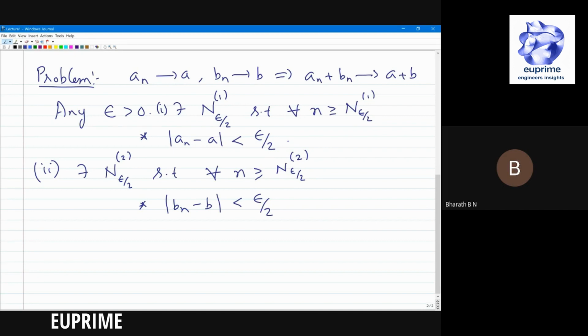Now, what is it that I have to prove? a_n plus b_n, which is a new sequence, let's say c_n, enters an epsilon room around a plus b for sufficiently large n, right? That's what we need to prove.